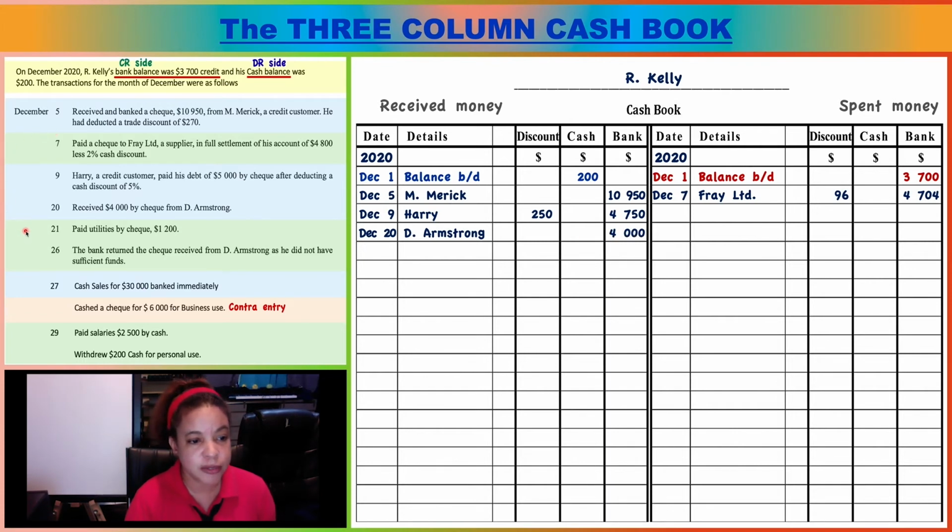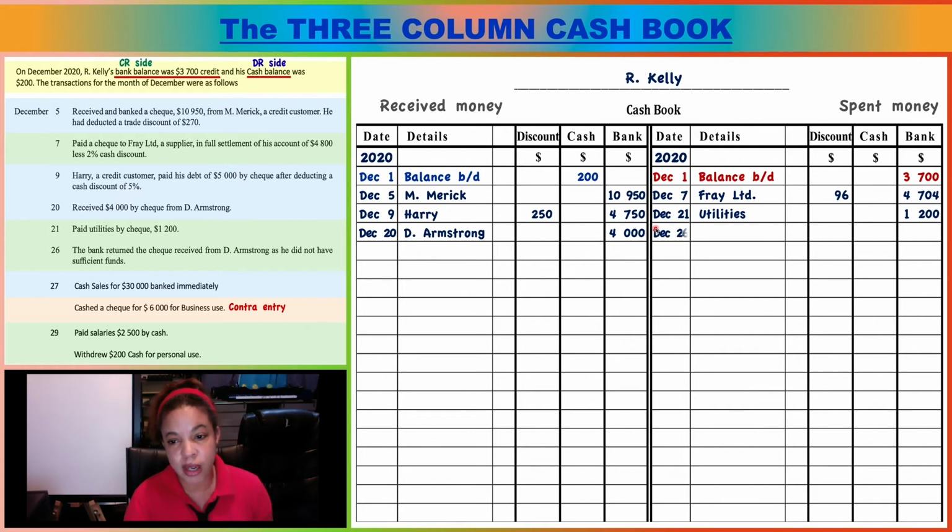The 21st, paid utilities. So we go over on the credit side. December 21st, we paid utilities expense. We paid by check, so it will be $1,200 under bank. Moving on quickly, the bank returned the check. As we said before, this $4,000 that we thought we had received in our bank, it did not have enough funds, so we now have to take out that check.